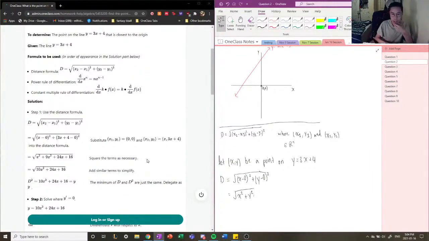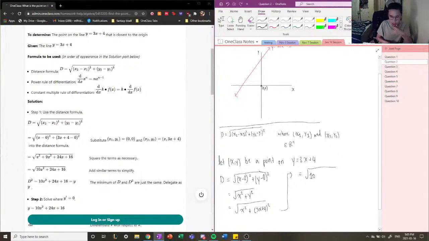So the second thing that I want to do is plug in y, right? We know that y equals 3x plus 4, so I'm going to plug that in. If we plug in y, we get x squared plus (3x plus 4) squared. And if I were to simplify this, let me just write out the entire thing.